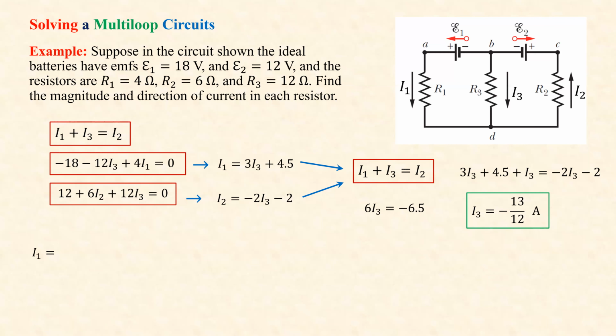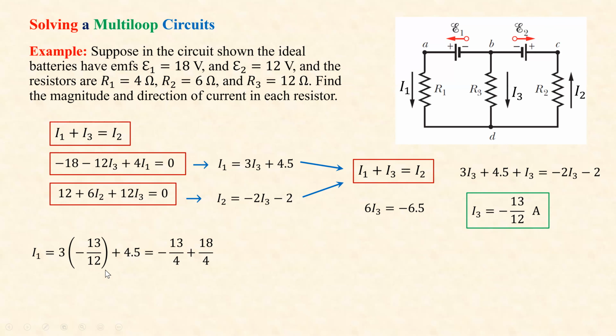And then once we have I3, we can find I1. I1 is 3I3 plus 4.5. So 3 times negative 13 over 12 plus 4.5. And that becomes negative 13 over 4, plus, you can also write this as 18 over 4.